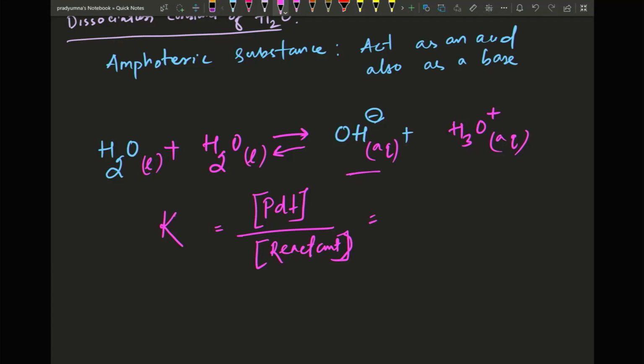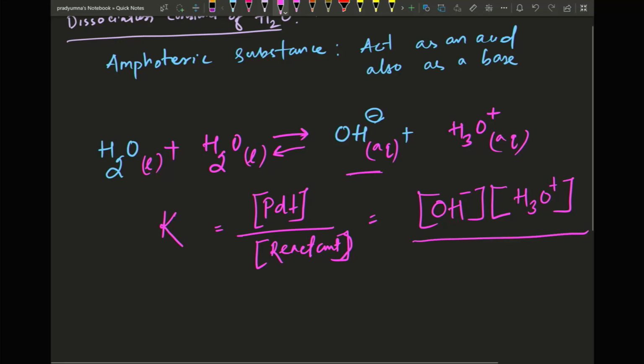So the products here are OH minus multiplied by H3O plus. We have two products, OH minus and H3O plus, so those are the concentrations. And the reactants are H2O pure liquid and H2O pure liquid.